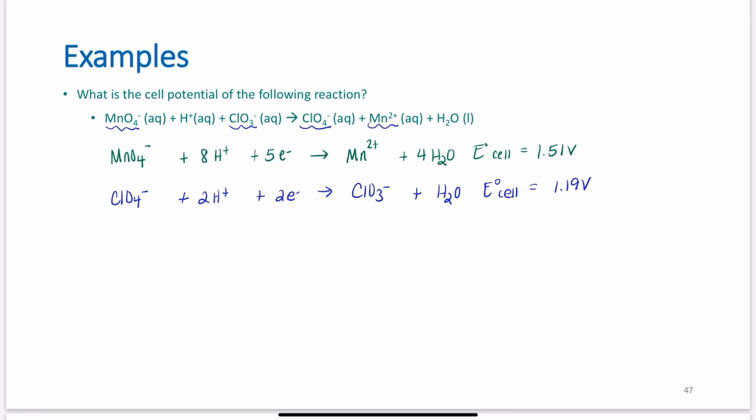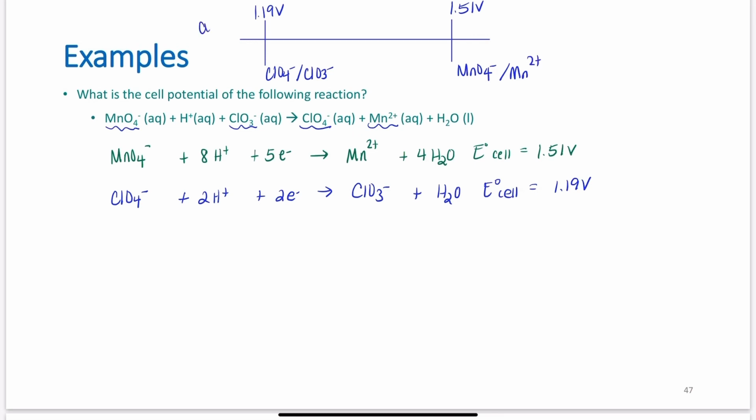Again, in case I get confused, I can always do my number line. And I can say, okay, 1.19 is definitely smaller than 1.51 volts. So the ClO4 minus, ClO3 minus versus the MnO4 minus, Mn2 plus.